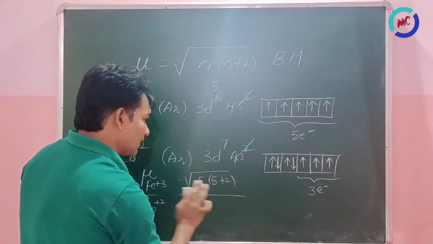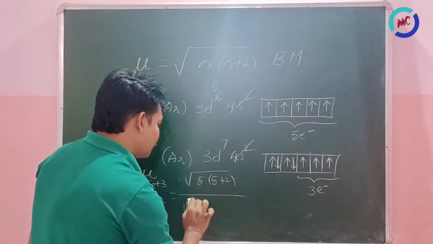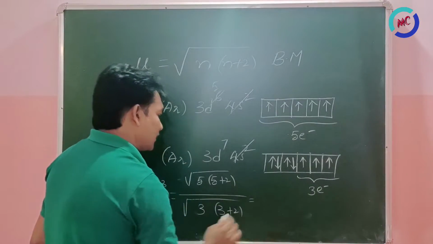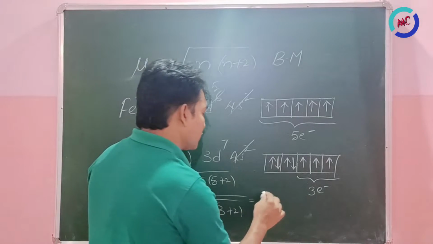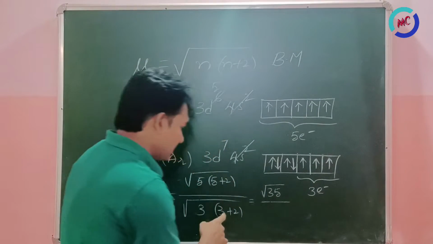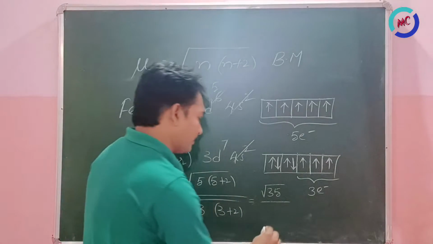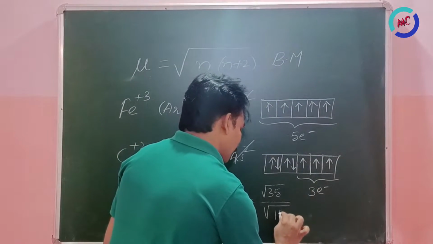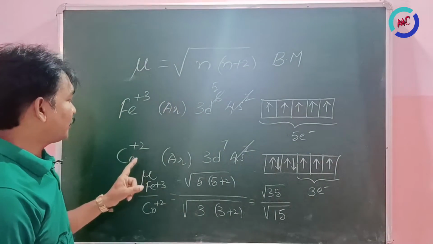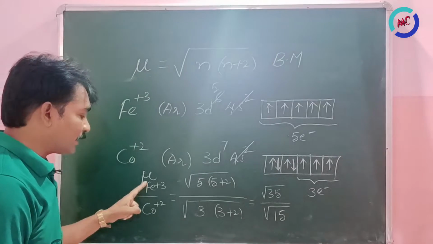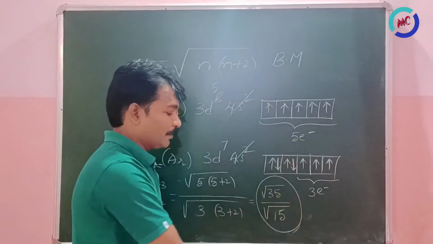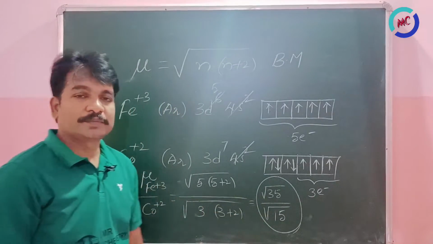There are 3 unpaired electrons. 3 into 3 plus 2. 5 plus 2 is 7, 7 5s are 35, by 3 plus 2 is 5, 5 3s are 15. What is the ratio? The ratio of magnetic moment of ferric ion and dipositive cobalt ion is root of 35 by root of 15.